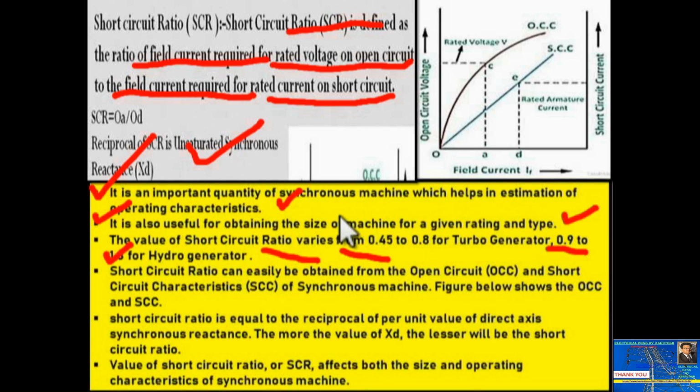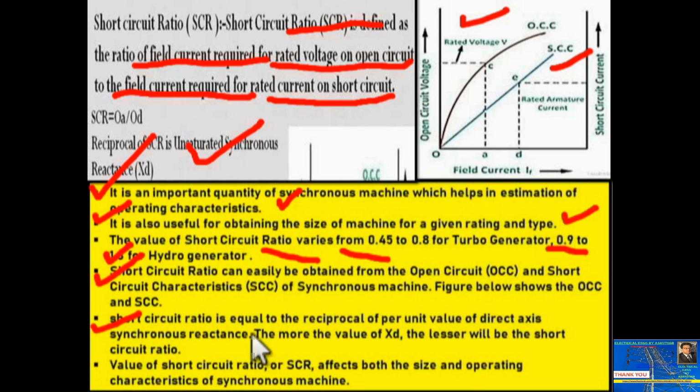This is the range of SCR. And short circuit ratio can easily be obtained from the open circuit test and short circuit test of the synchronous machine. By performing OCC, open circuit characteristics, and short circuit characteristics, we can find out the SCR.